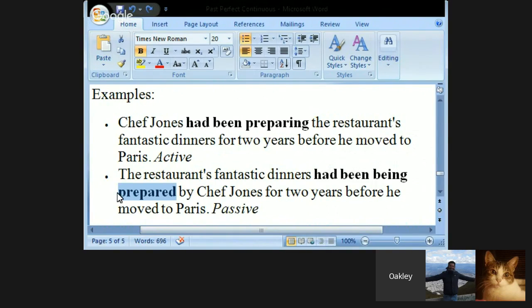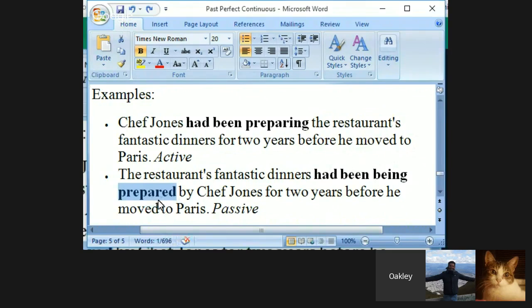The verb form is always the past participle. This is for every passive. Simple future, past continuous, present perfect, it doesn't matter. When using the passive, it's always the past participle of the verb. Just so happens prepared is a regular verb, so that's it.